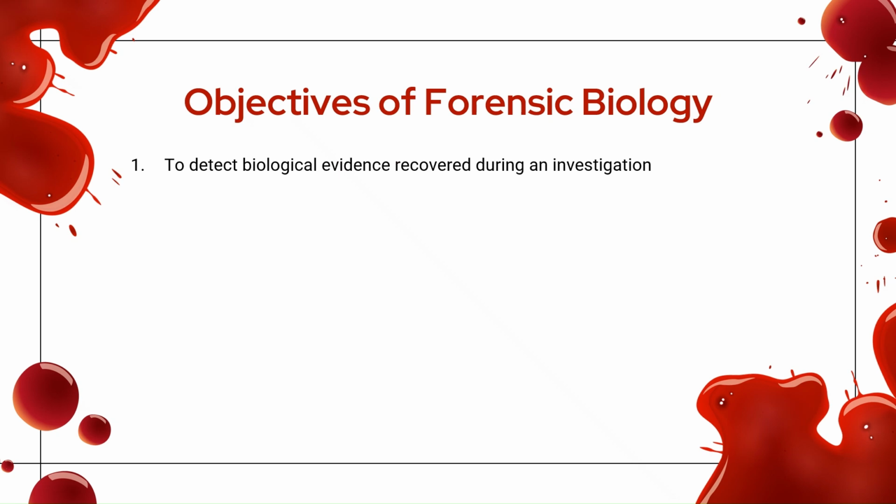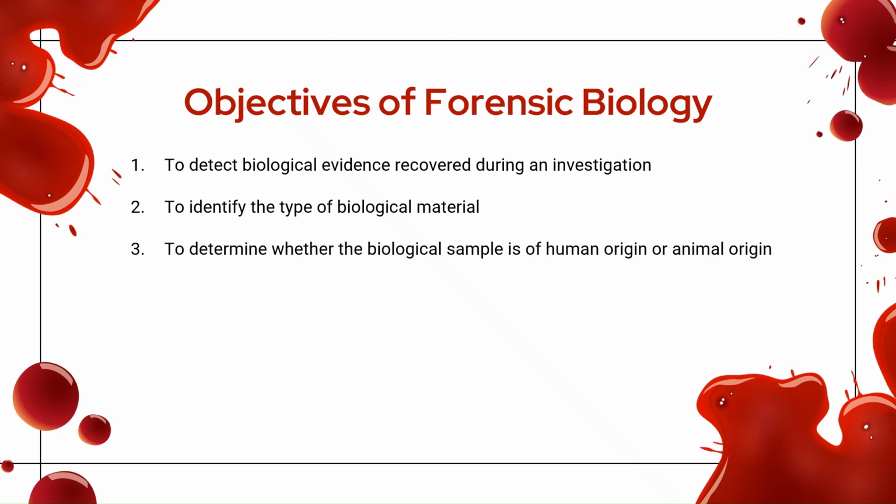So now that we know what forensic biology deals with, let's understand its primary objectives. The first objective is to detect biological evidence that's recovered during an investigation. Once the evidence has been detected, the next step is to identify the type of biological material, for example, whether the stain is blood, saliva, semen, or any other body fluid. In many cases, it is also important to determine whether the biological sample is of human origin or animal origin. Whenever possible, forensic biologists recover DNA from these samples for further analysis.